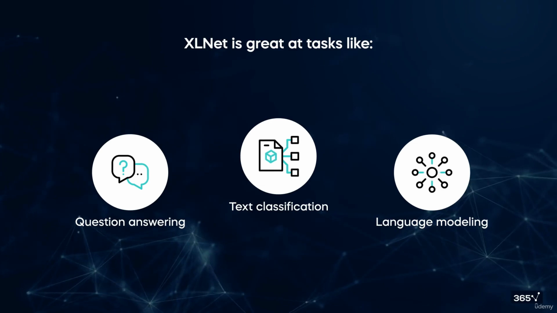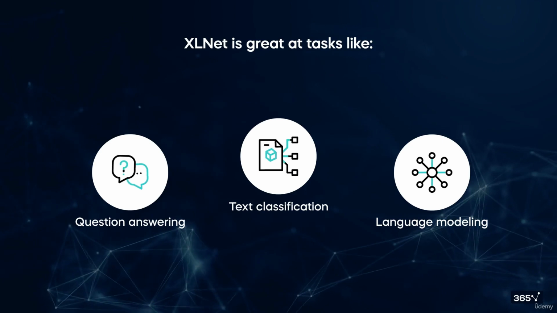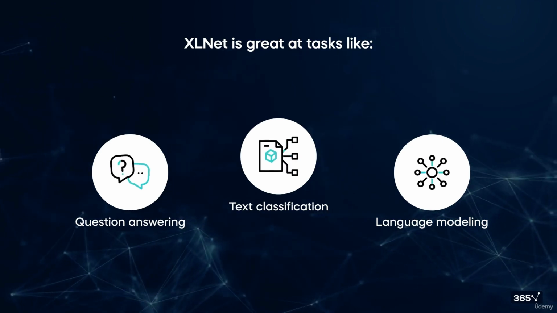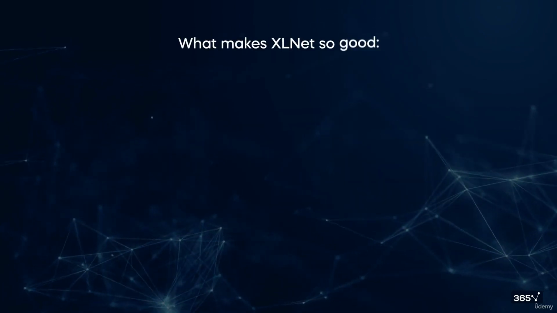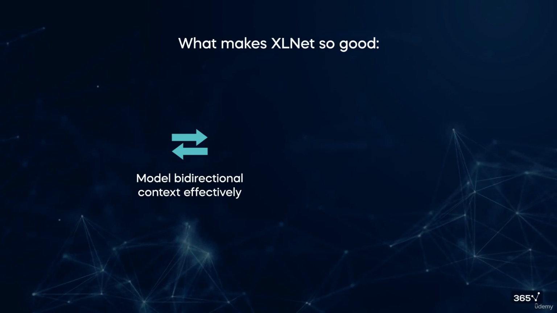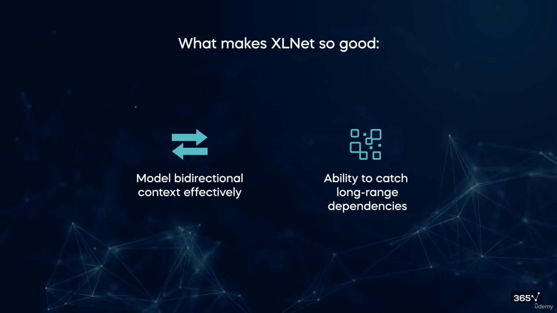XLNet achieved state-of-the-art results on a variety of benchmark NLP tasks, including question answering, text classification, and language modeling. Its ability to model bidirectional context effectively and capture long-range dependencies in text contributed to its success.